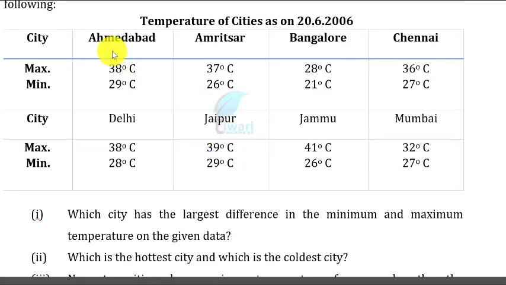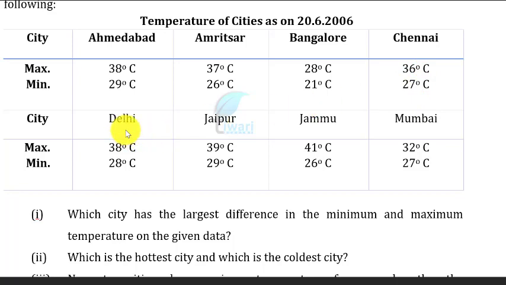Here in Ahmedabad maximum is 38 and minimum is 29. In Amritsar, 37 degrees Celsius is the maximum and 26 degrees Celsius is the minimum. Bengaluru, 28 degrees Celsius is the maximum, 21 is the minimum. And Chennai, 36 degrees Celsius is the maximum and 27 is the minimum.